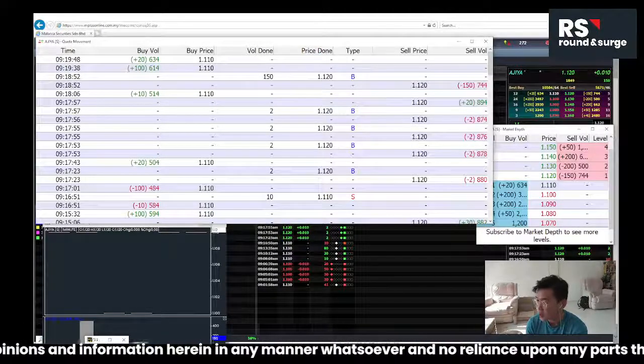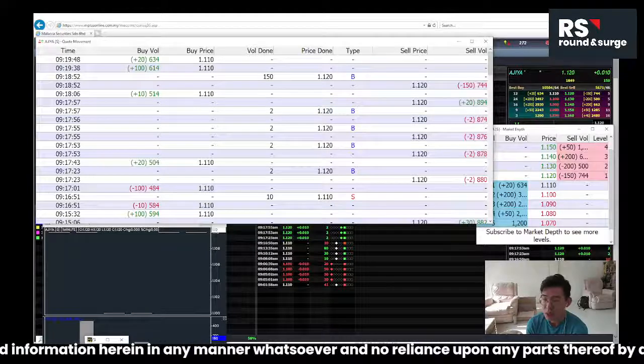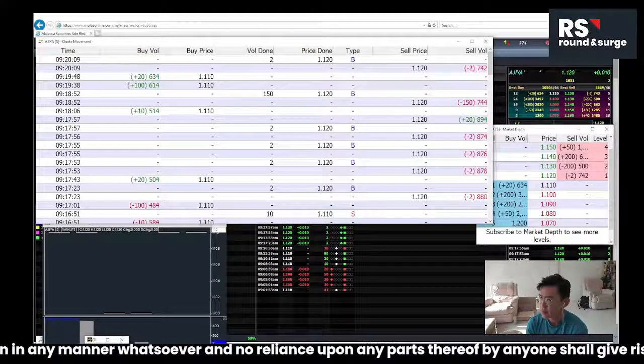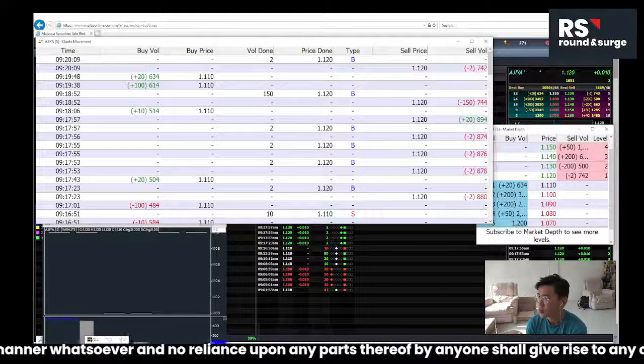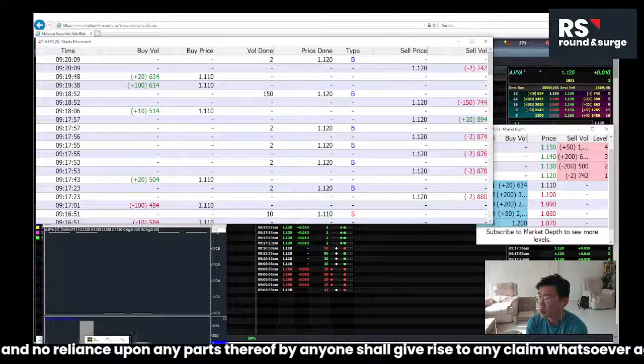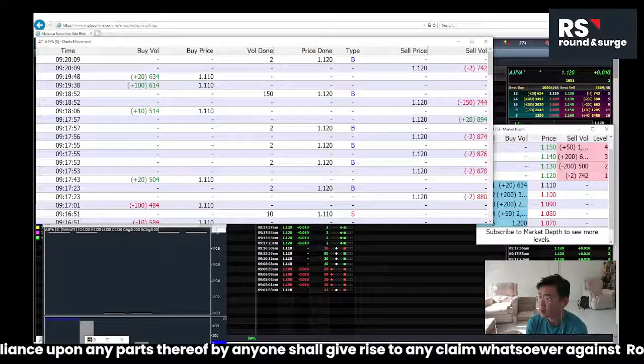Oh, where's the... I'm trying to find the transaction showing this done buying in market price.